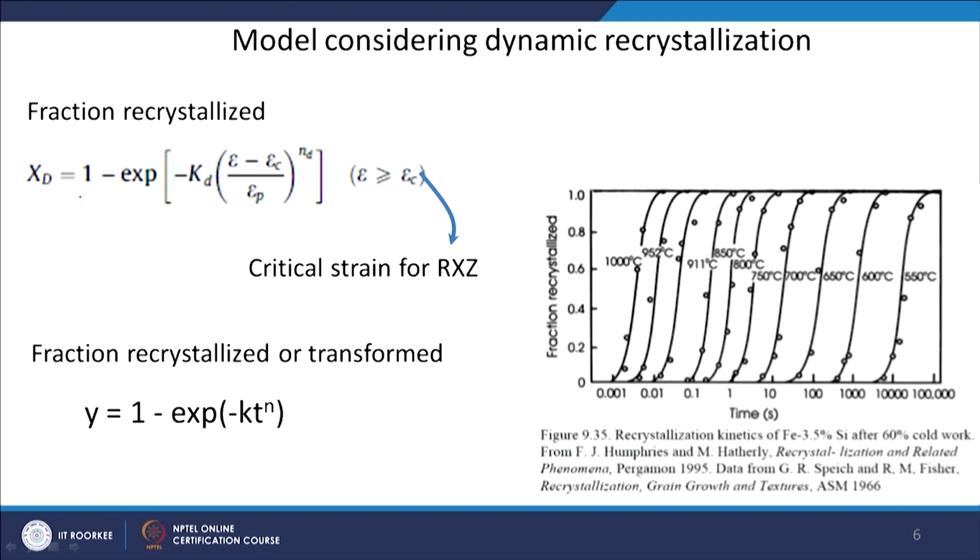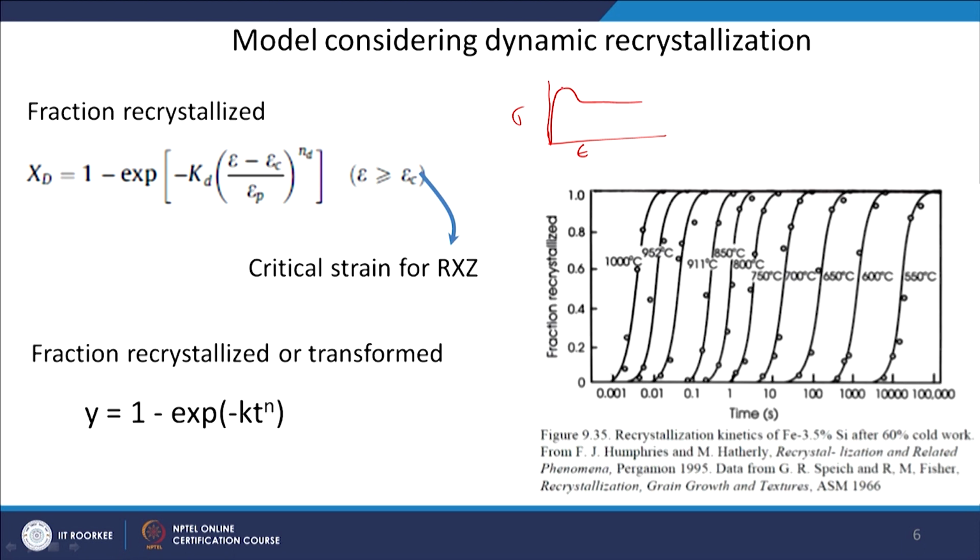The equation is like this: 1 minus exponential minus k d and alpha times epsilon minus epsilon c upon epsilon p, and epsilon is more than epsilon c. So, what is epsilon c? It is the critical strain for recrystallization, which we have already seen earlier, when we were discussing dynamic recrystallization.